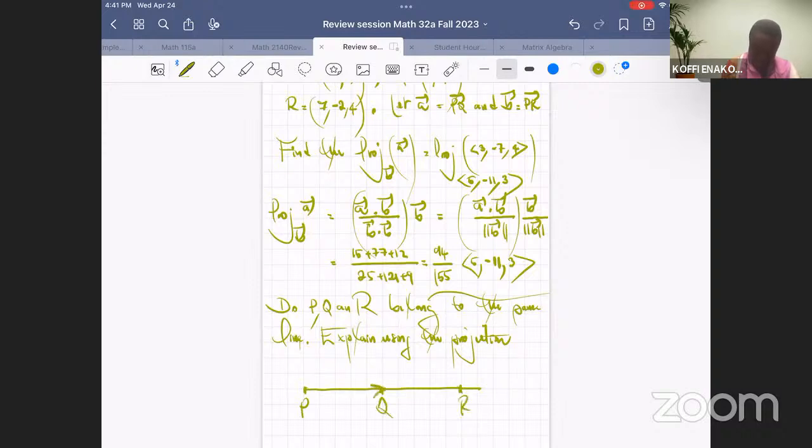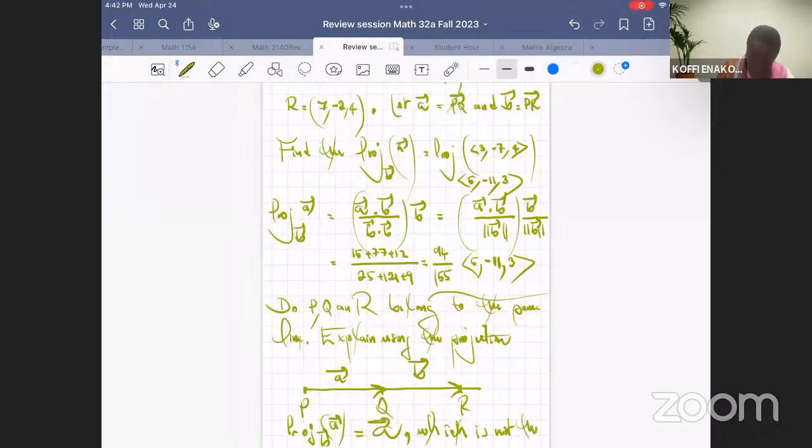The vector PQ is the vector A, and PR is the vector B. If those three points were on the same line, then the projection of the vector A onto B would just have been A. But this is not the case, because when we found the projection vector, it doesn't match the vector A. Conclusion: those three points are not on the same line.